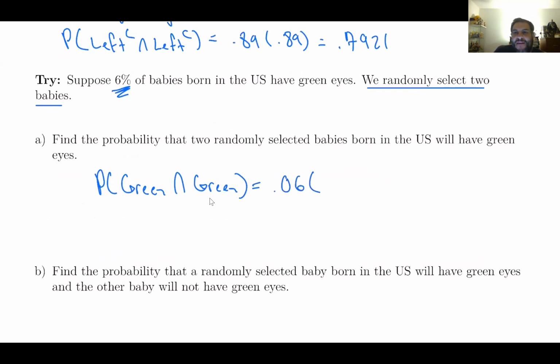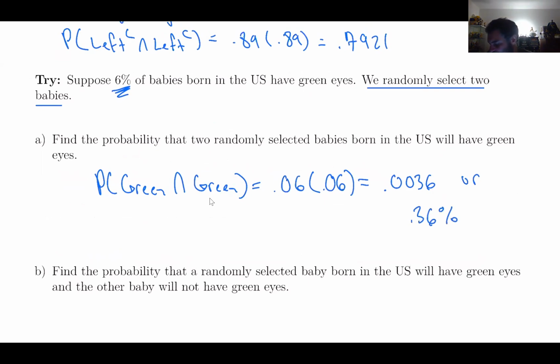Then for the second baby, we also put 0.06. So 0.06 times 0.06 gives you 0.0036, or if you want to put it as a percent, 0.36%. There you go, and that's your answer for part A.